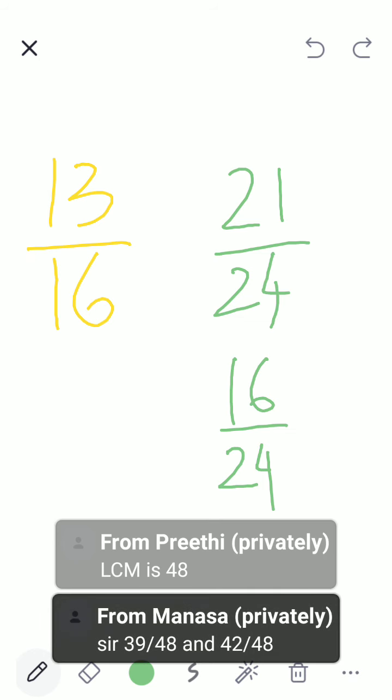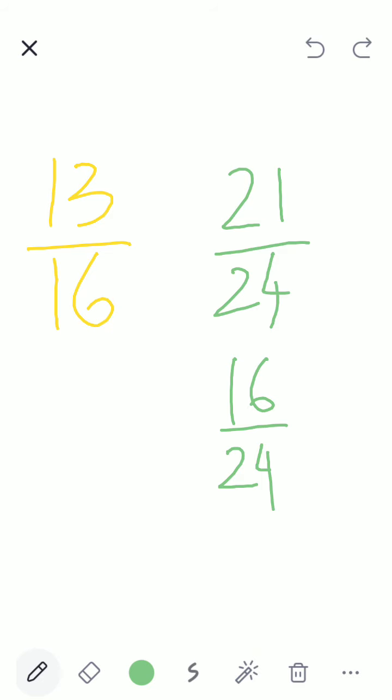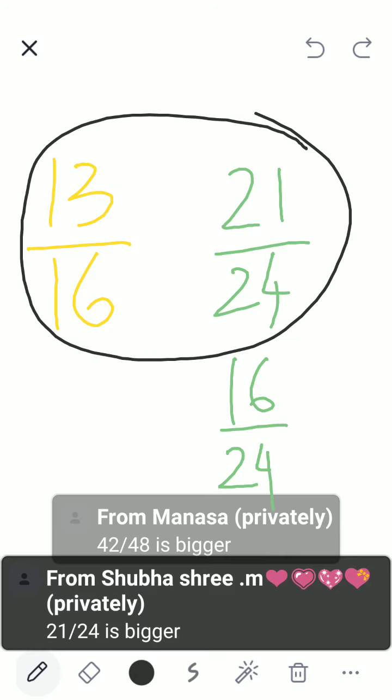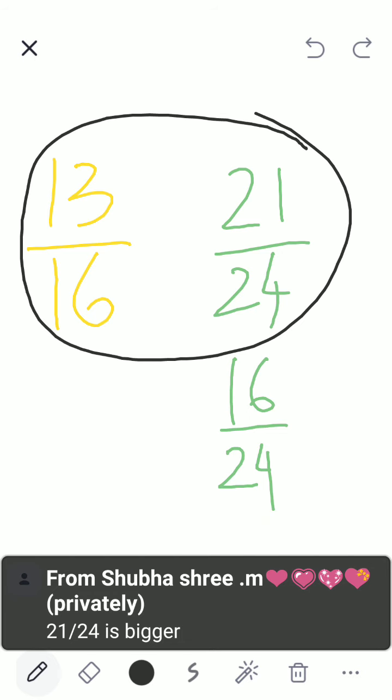Don't give me the fraction after converting. Children, whenever the answer is given, don't give the answer with the new denominator. Give me the answer with the original fractions I've given you. The final answer should be which is greater. Yeah, Subhashri, correct. Don't give me the other fraction.